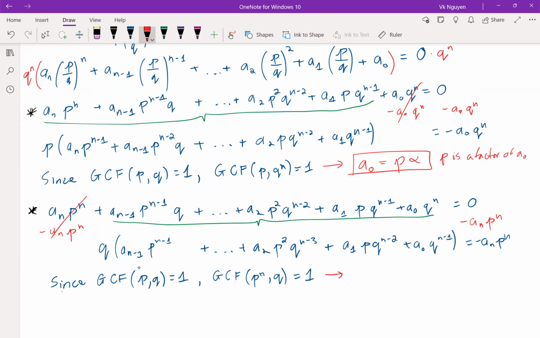This tells us that a sub n must be a multiple of q, so q times beta. q is a factor of a sub n. And this completes the proof.